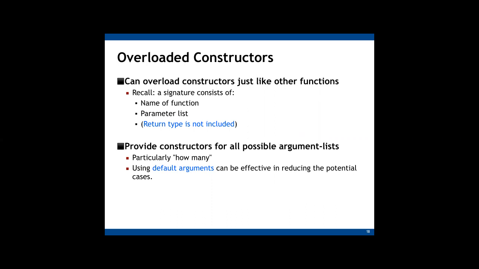And the function signature is made of the function's name with the types of the parameter list. So function signature consists of name and a parameter list. And return type is not included in the function signature. So we can have the same name for two or more functions if their function signatures are different.